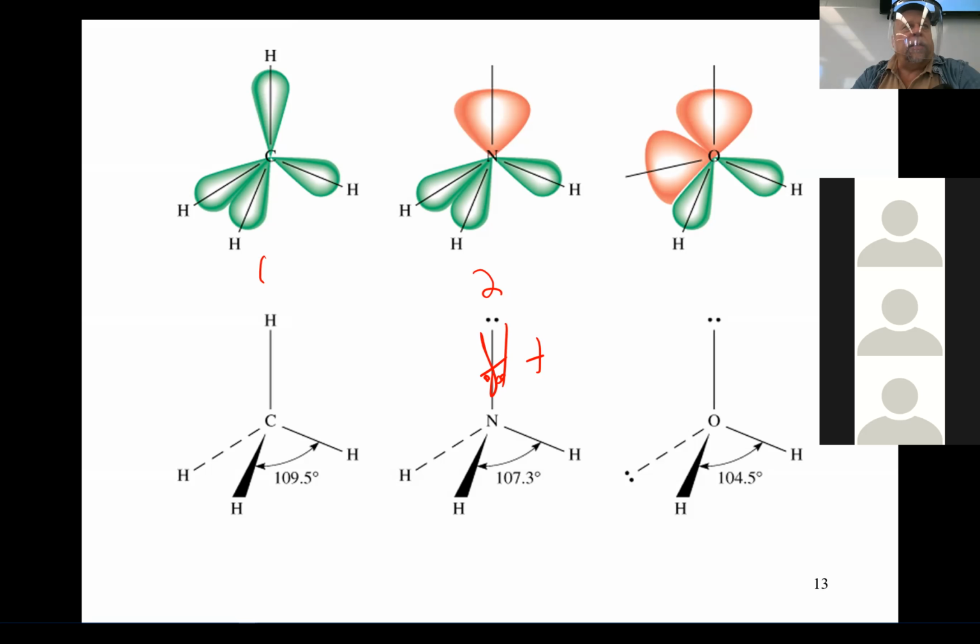Okay, and this describes the other tetrahedral form here with these lone pairs. This is water, and that describes why water is not a linear structure. Some of you may be tempted to put water out like this and say, this is linear.